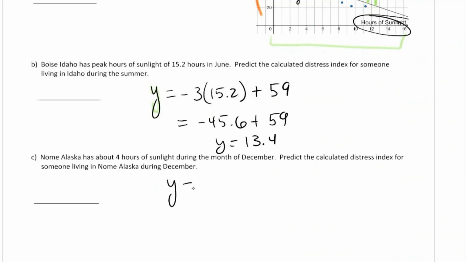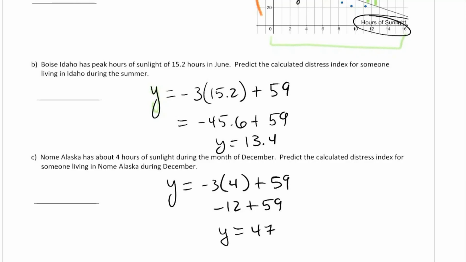Y, calculated distress index, is equal to -3 times 4 plus 59. So this is -12 plus 59. When I combine those, I get that Y is about 47. So definitely more stress than Idaho in summer.